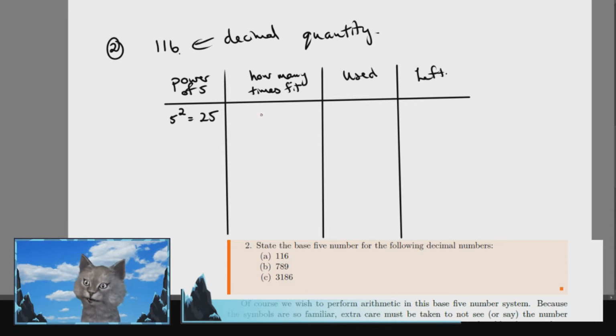If you want to use your calculator, that's fine, but we're only looking for whole times it can fit. So 4. If I fit 4 groups of 25, then I've used 4 times 25, which is 100. And I have left 16 to still account for, because the whole quantity has to be accounted for.